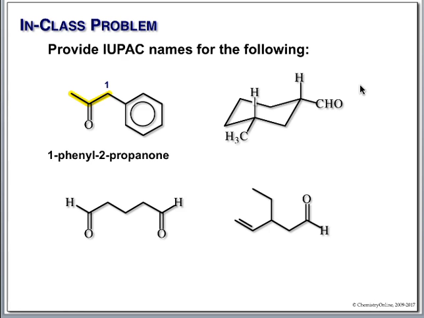Once again, the parent chain should contain the carbonyl. We do this carbon 1 to get our lowest number. Phenyl group is a substituent, so it's a 1-phenyl, and again it's a 2-propanone.